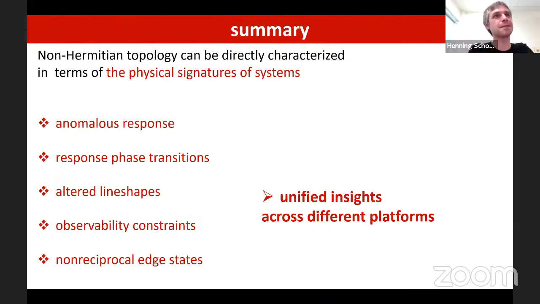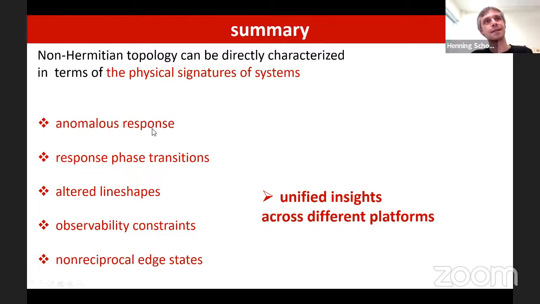But the main message of this talk is that if you look at the physical signatures of these systems, the mathematical fundaments that we are all interested in get some extra meaning, and they actually sometimes unify features which all look disconnected, especially because in the Green's function, for instance, all these features appear at the same time.